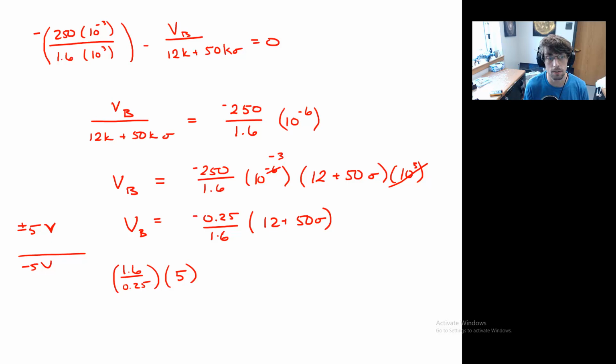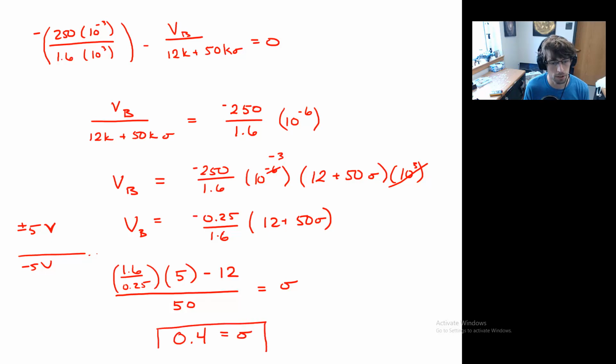Notice I've dropped the negative sign now. I had a negative on both sides, I just canceled those out. Minus the 12, all divided by 50. That would be equal to sigma. So I get something that says 0.4 is equal to sigma. So your saturation occurs when sigma is 0.4.